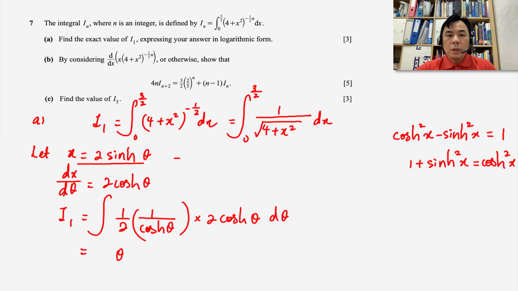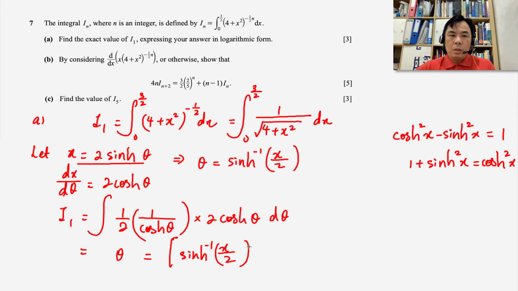From here, you can rewrite your theta as the inverse hyperbolic sine of x over 2. Now that is our theta here. From here we can include the lower bound and upper bound. So this is the same as sinh inverse of x over 2, with lower bound 0 and upper bound 3 over 2.